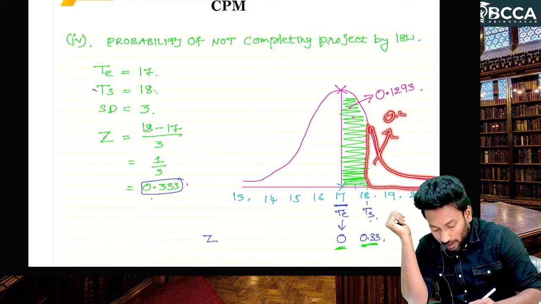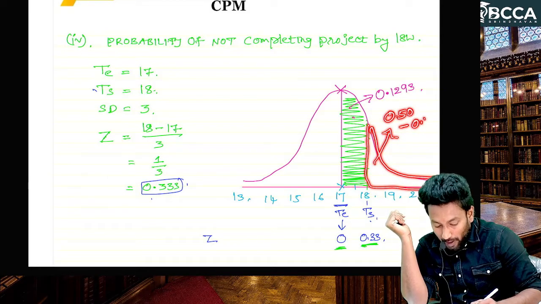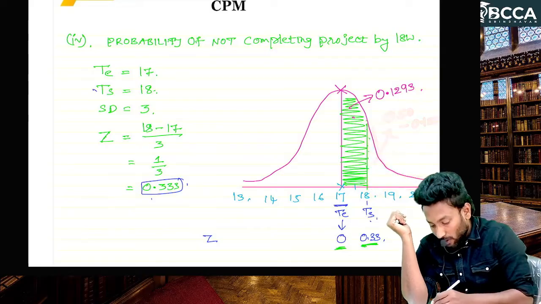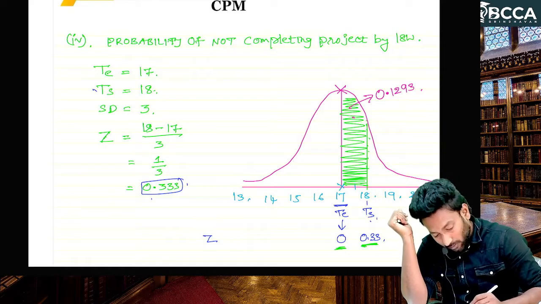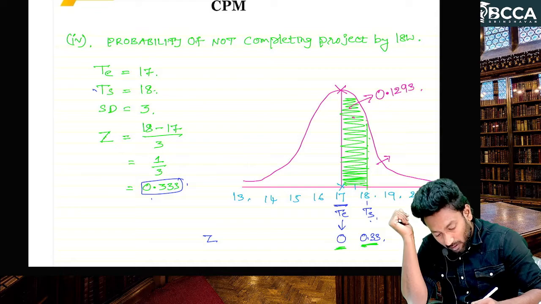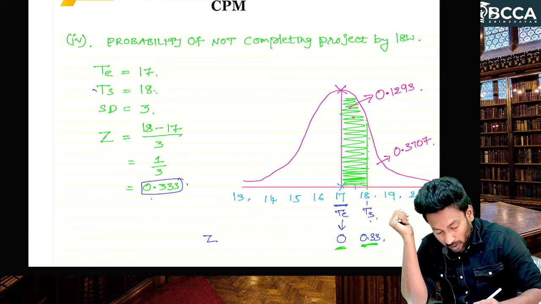Yes, 0.50 minus 0.1293. How much? 0.3707.